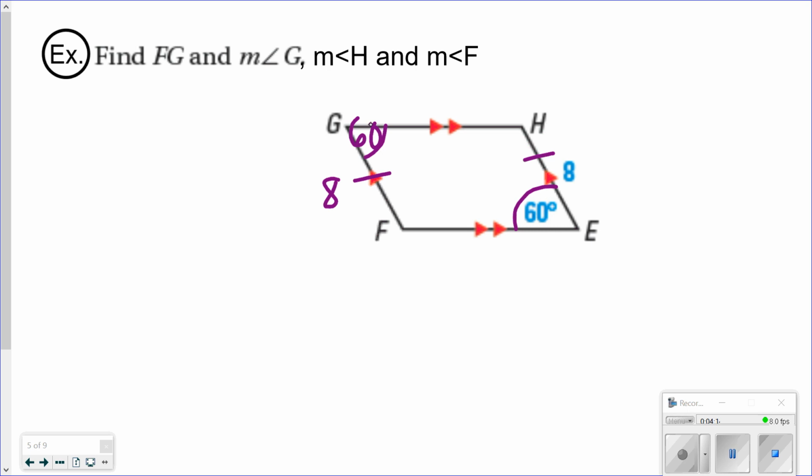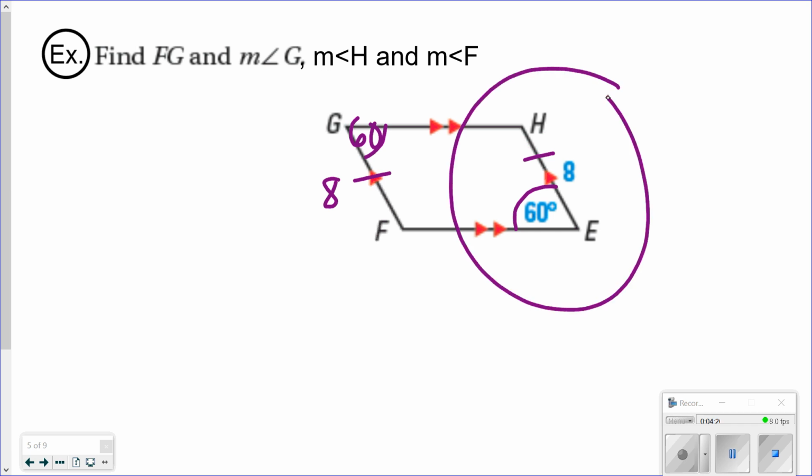Now let's find the measure of angle H and F. What do we know about angle H and angle E? Well, we know that they're supplementary. So if I call angle H X, I then know that X plus 60 is going to equal 180.